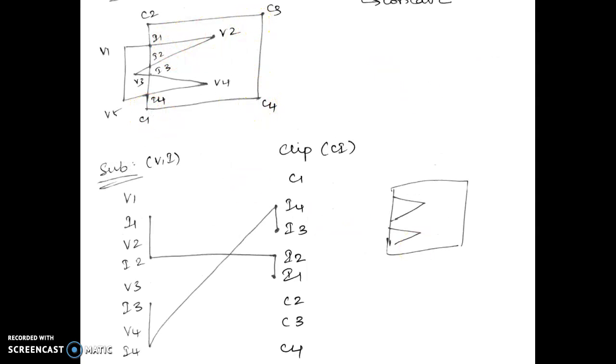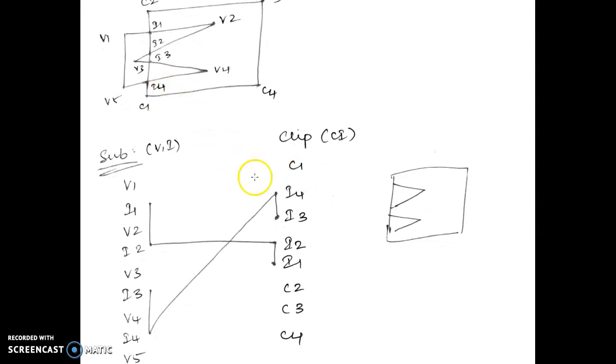Now we will consider the intersection points. You will draw a dot there. Then I1 goes to V2 and back to I2, and then it is going clipping.